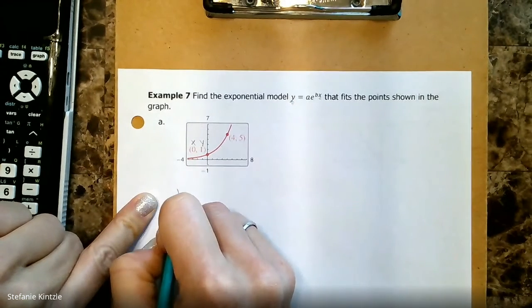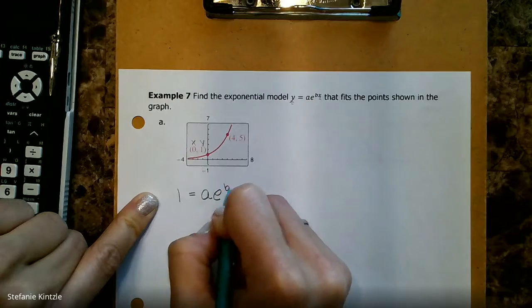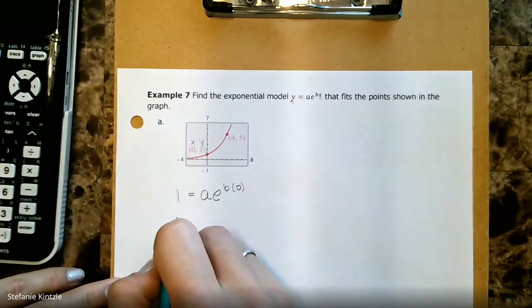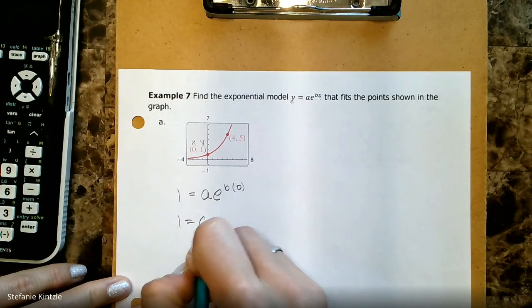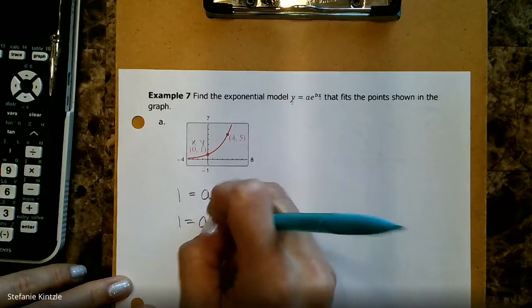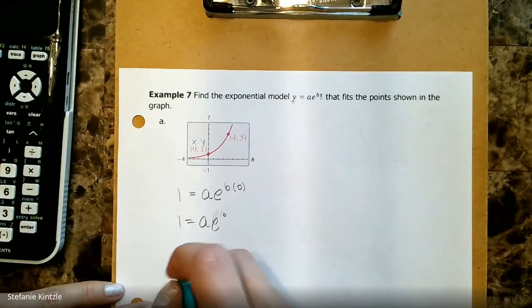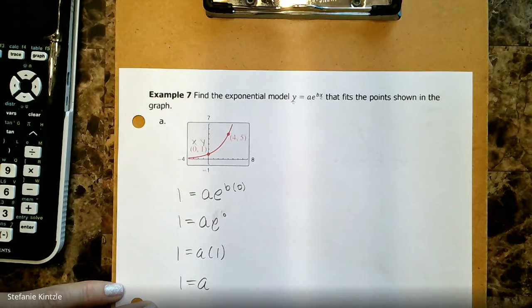So 1 equals a times e to the b times 0. e to the 0 power is just 1. So we have a times 1, which means that a just equals 1.